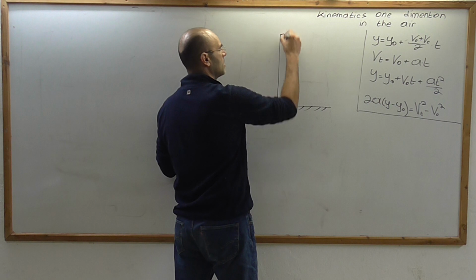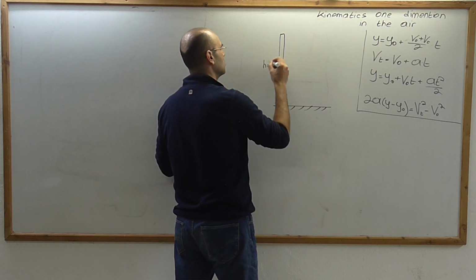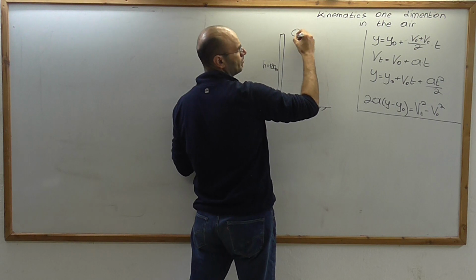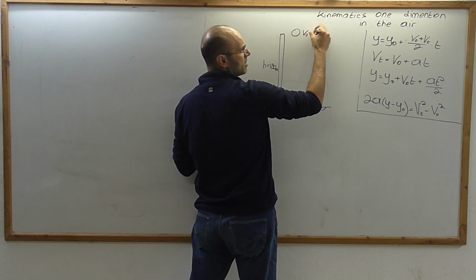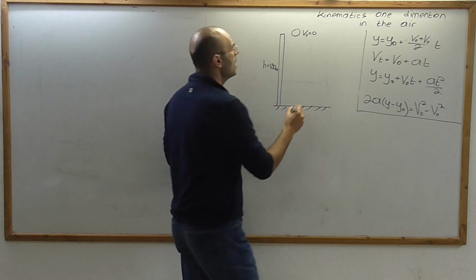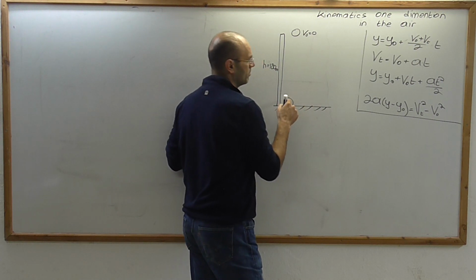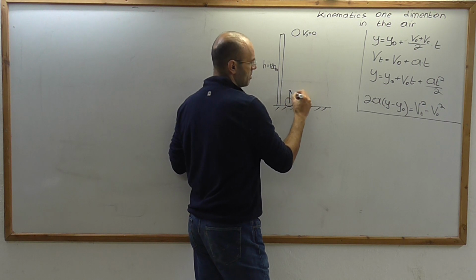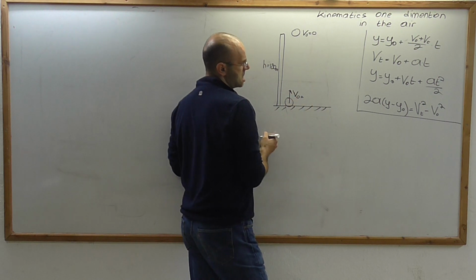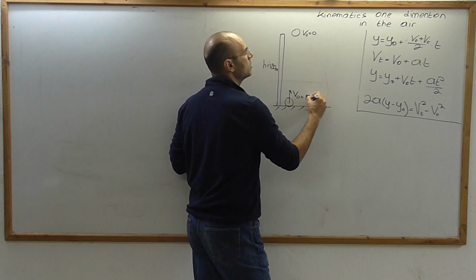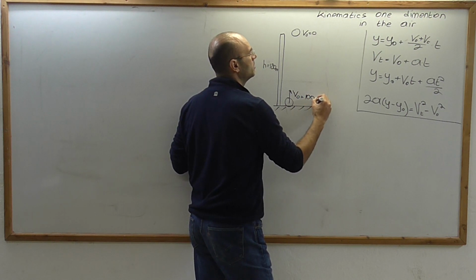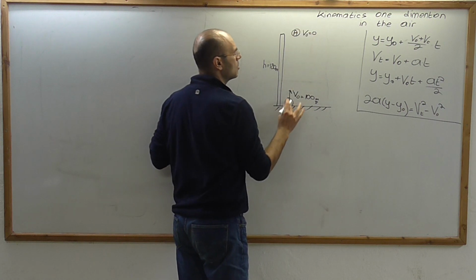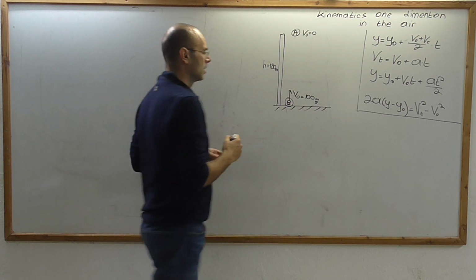So let's say I have a tower here, h equals 180 meters, and I drop a ball, velocity is 0, I just drop it, and from the ground I throw another ball, let's say 100 meters per second. Okay. Let's call this ball A, this ball will be B.